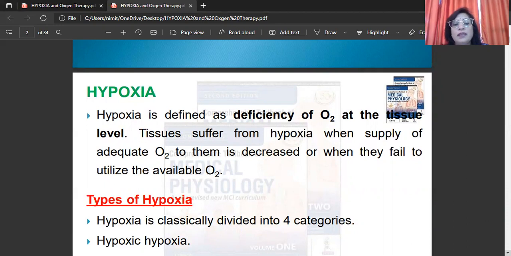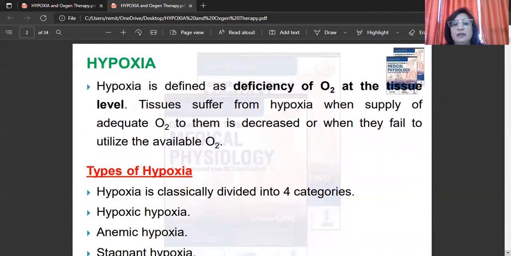The tissue is suffering from oxygen deficiency when the supply of adequate oxygen is decreased and they fail to utilize the available oxygen. So I repeat, please note down the definition. Hypoxia is defined as deficiency of oxygen at tissue level. So underline tissue level. Tissue level is important.